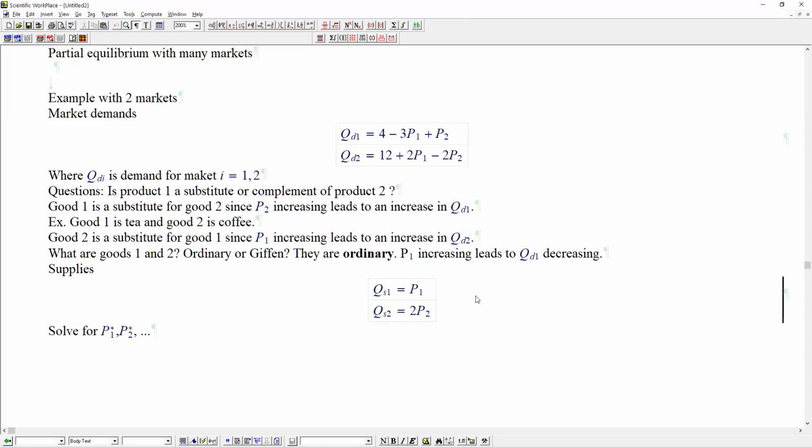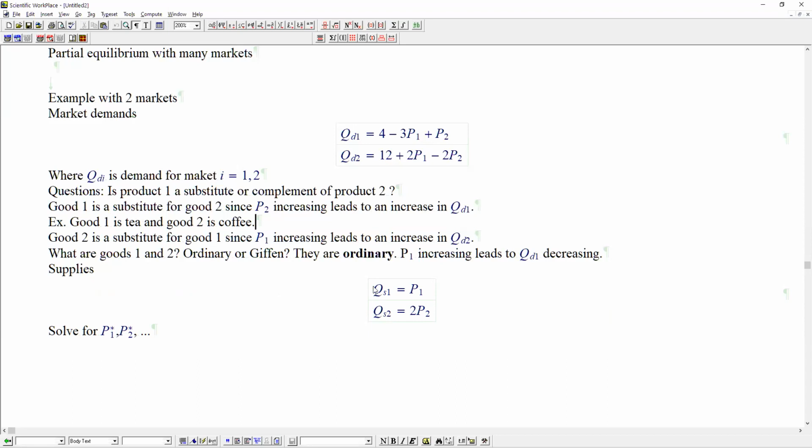Well, because it's the supplier we're talking about, they're willing to produce more if the price increases. Yes, and we said good 1 is a substitute for good 2. Imagine good 1 is tea and good 2 is coffee.